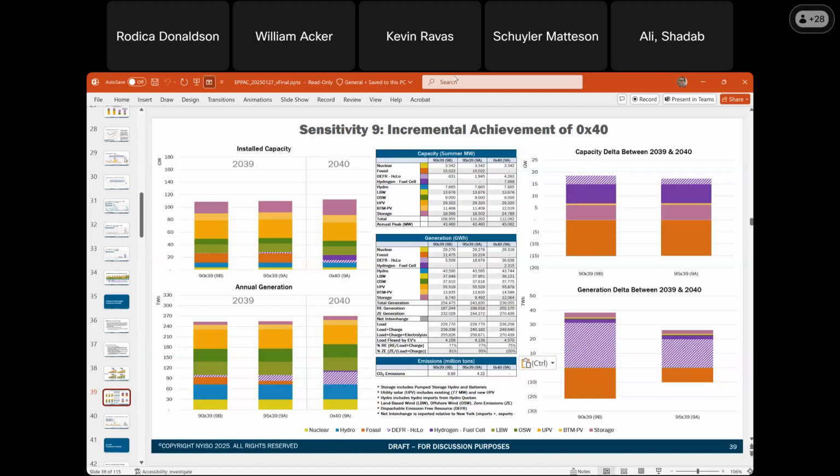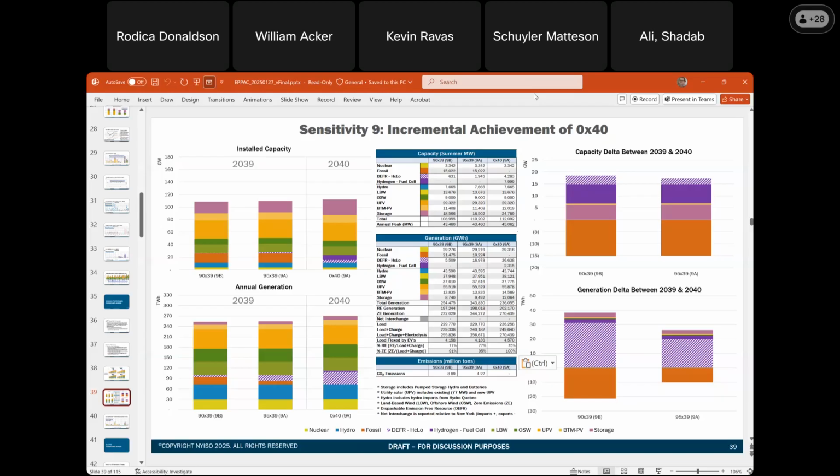Could I actually refine that? I just want to be clear. What this slide is showing is not that going from 95 to 100 is easy. What it's actually showing is that there's a tremendous amount of additional investment and capacity required to go from 95 to 100. Going 90 to 95 isn't very difficult.